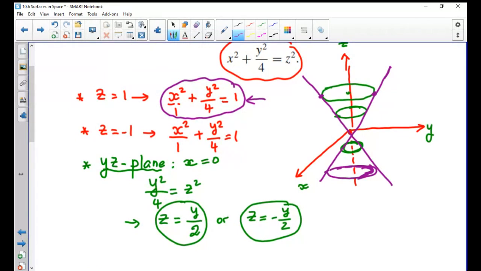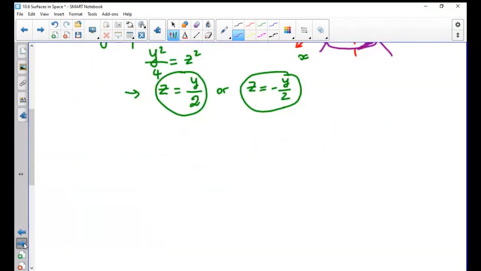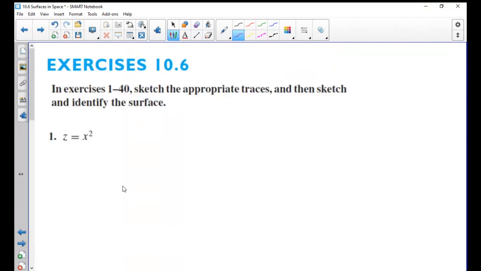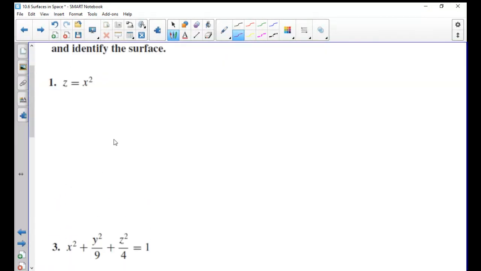These values of z are just chosen to show you a little bit how things work. Okay, I think that's basically what there was here.